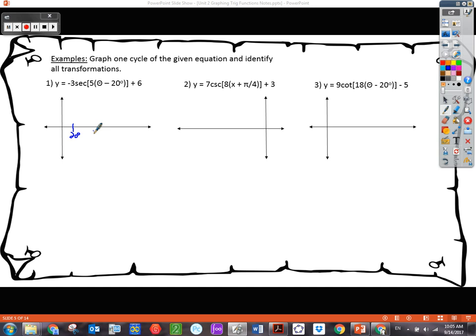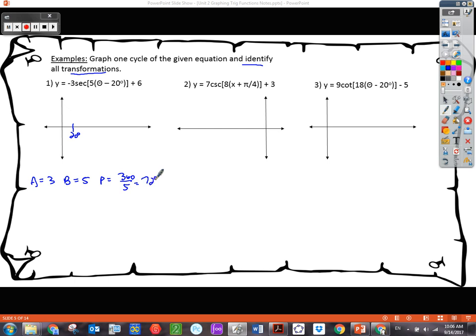It says identify all transformations. We're used to that meaning stating stretches and stuff, but really it just wants you to identify what the amplitude is. The amplitude is 3. B is 5. So our period, we're in degrees, so 360 divided by 5, the period is 72 degrees.